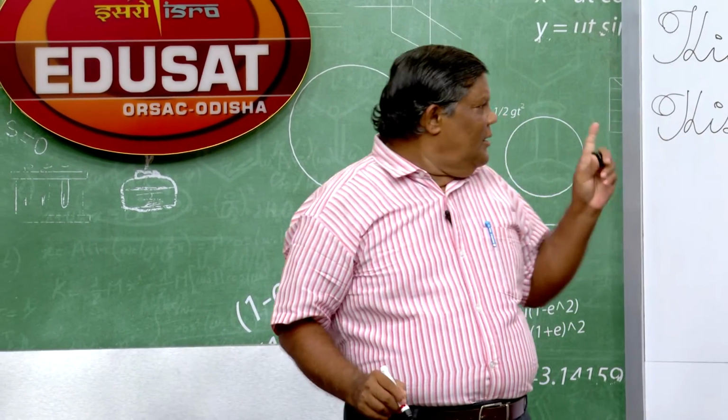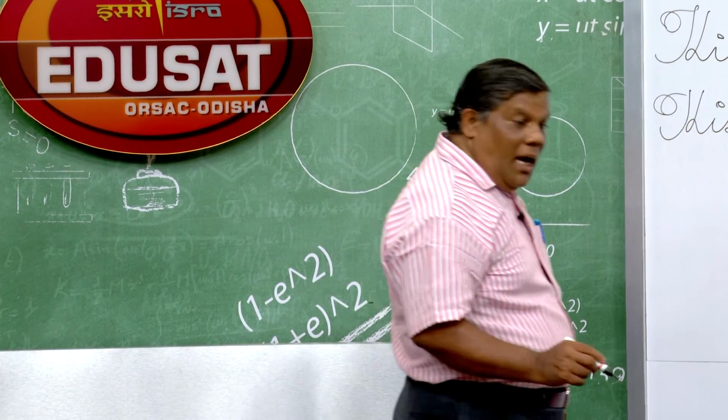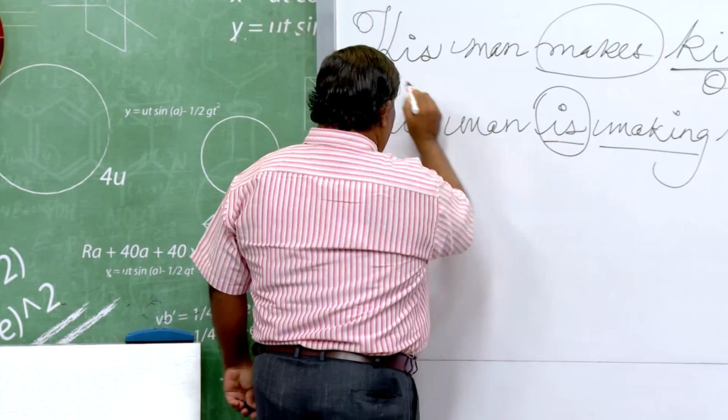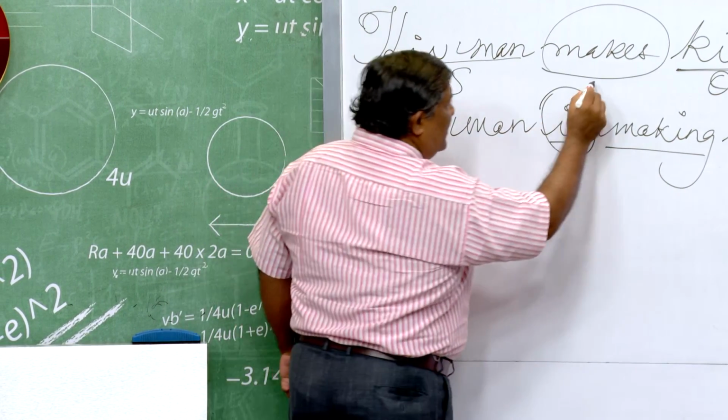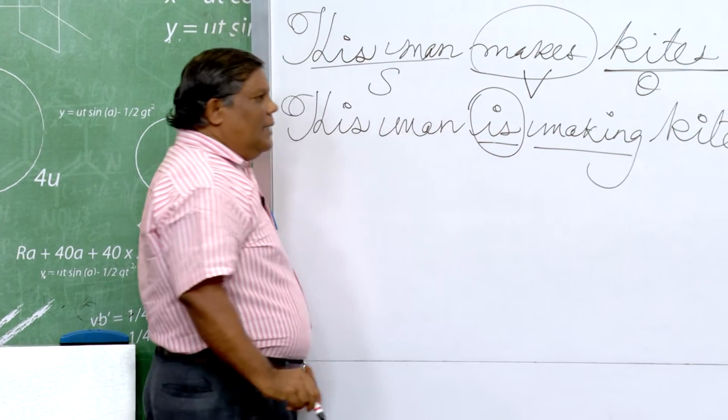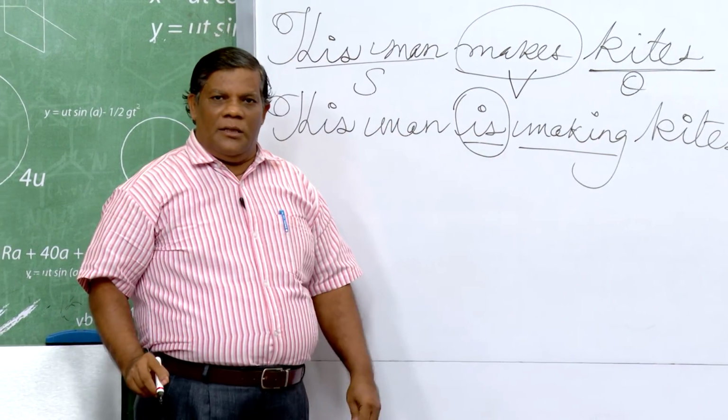This is the object of the sentence, and if we mark the sentence here, this is the subject of the sentence, this is the verb of the sentence, and that is the object of the sentence.